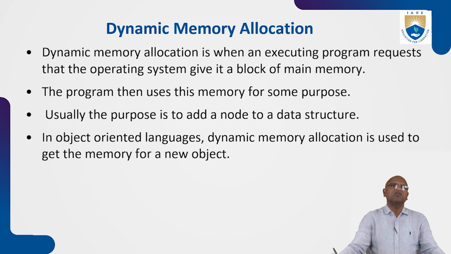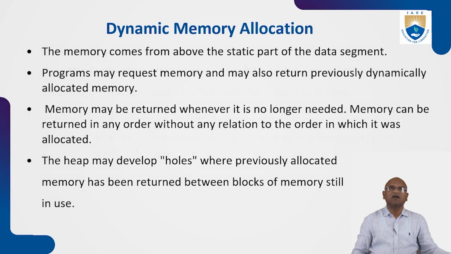The program then uses this memory for some purpose. Usually, the purpose is to add a node to a data structure. In object-oriented languages, dynamic memory allocation is used to get the memory for a new object. The memory comes from above the static part of the data segment.